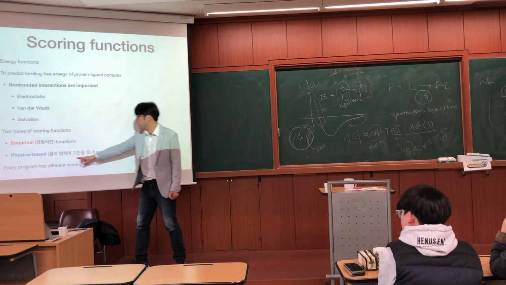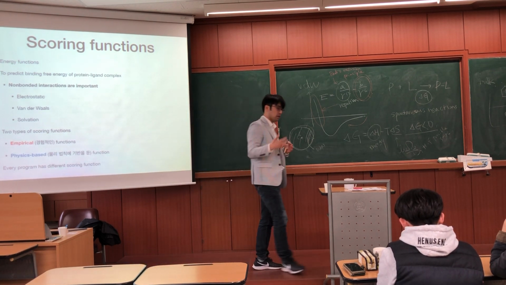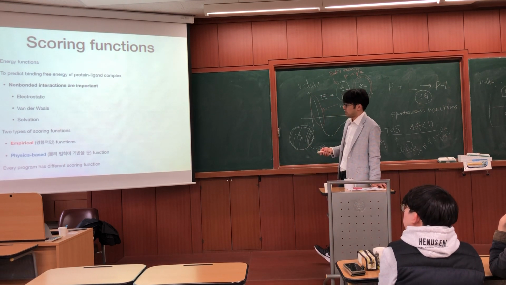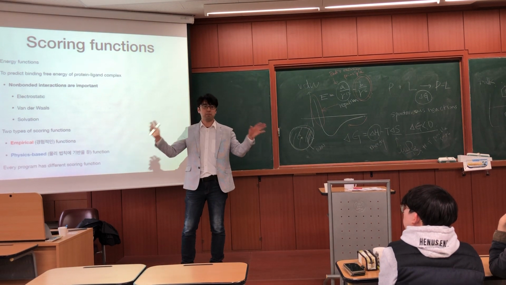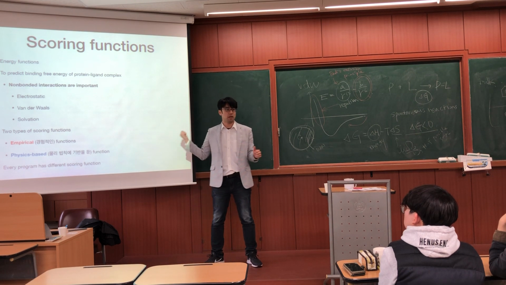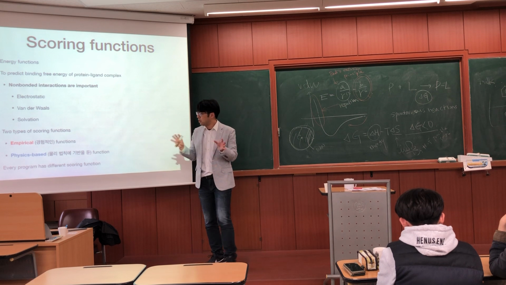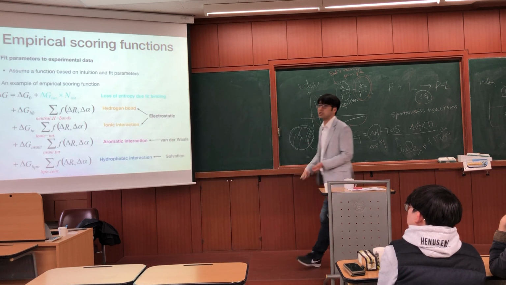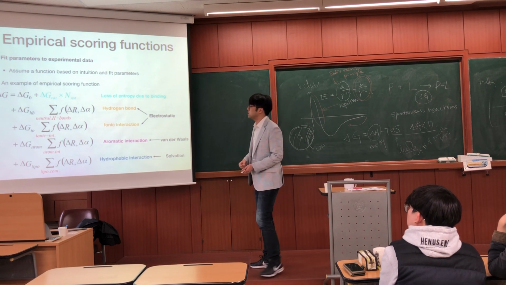The second type is based on physical laws, like F equals ma or something like that. Also remember that there are many protein-ligand docking programs. Some programs are very expensive because they are used in the drug industry. But every program has different scoring functions, so it depends on how you make it. So that's one topic of research.